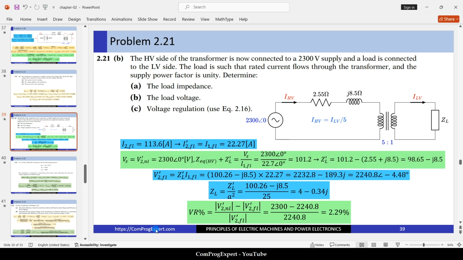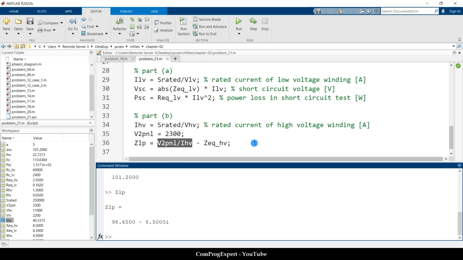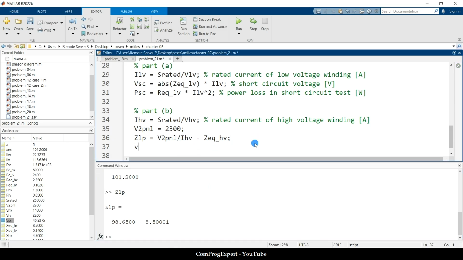Then what is the value of the V2 prime full load? V2 prime for the full load condition is equal to the current of the high voltage times the impedance of the load.